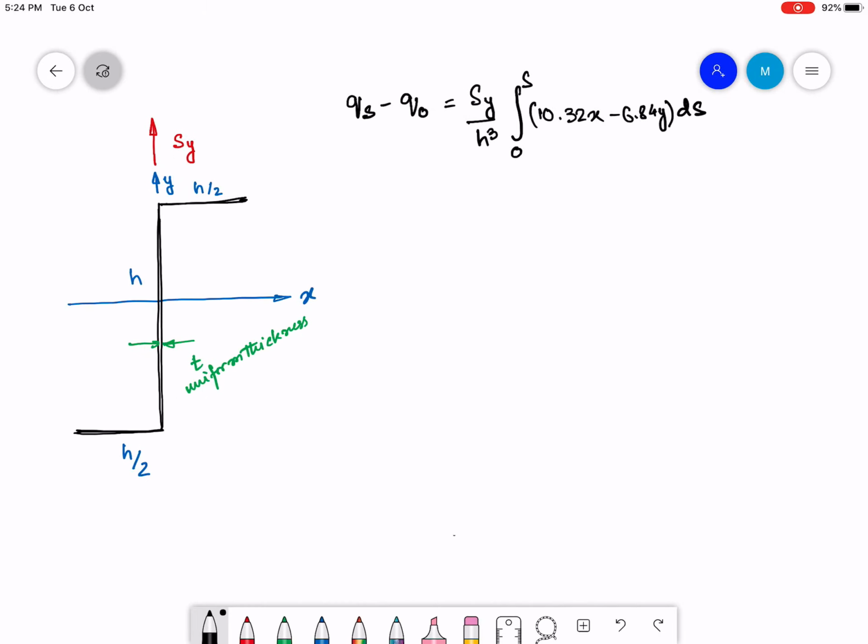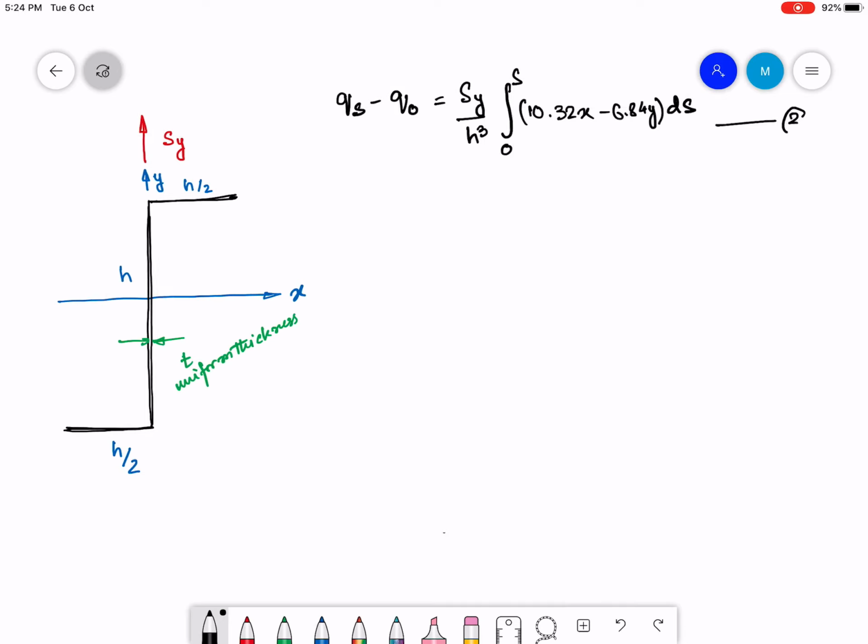Now we have to implement it. Let me put numbers on the different points of the cross section: this point I call 1, this point 2, this point 3, and this point 4. I have marked all the discontinuity points on the cross section.